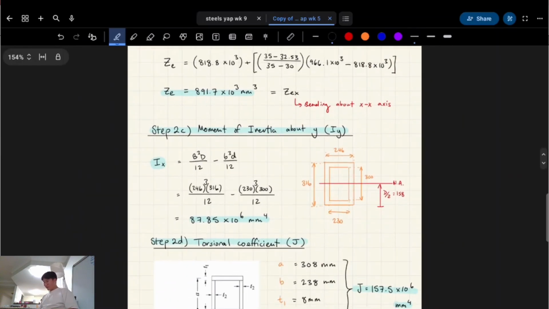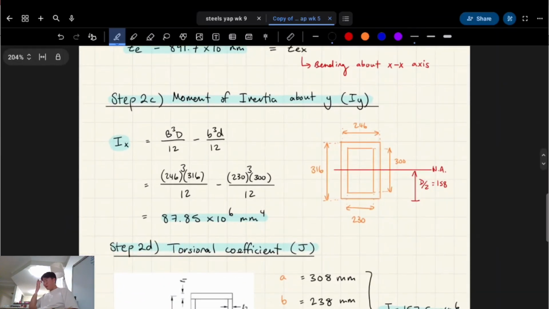Now we need to start working towards finding our components for Mo, which is the reference buckling moment. The first one we have to do is moment of inertia about Y. This one is slightly different because we basically swapped this.